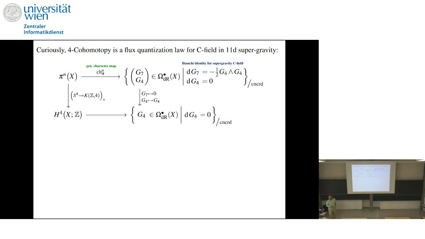And now here's this observation, which was Hisham's observation back in 2013, I guess. He noticed that cohomotopy, if you put n equals 4, is actually a quantization law for the supergravity C field in the following sense. For any cohomology theory, there's a character map, the analog of the Chern character, which approximates your cohomology as well as possible with rational cohomology.